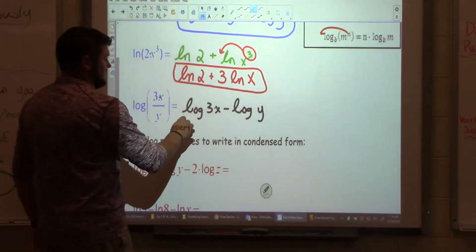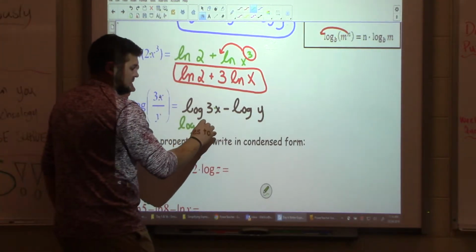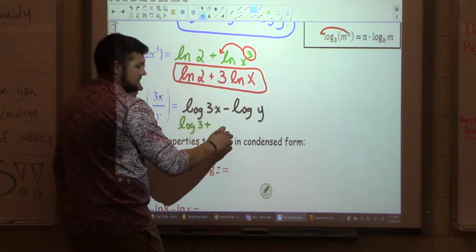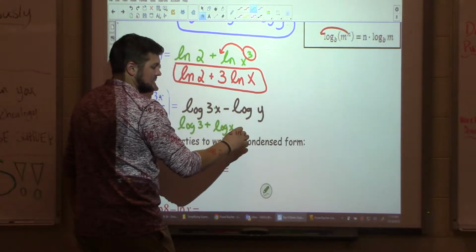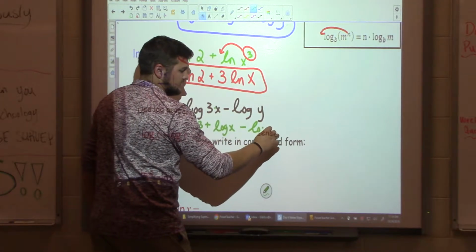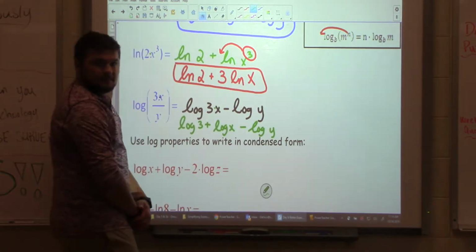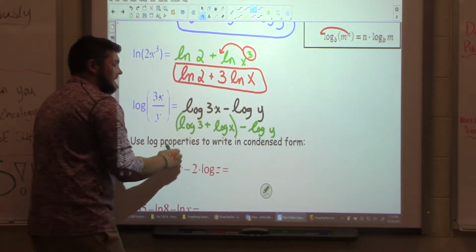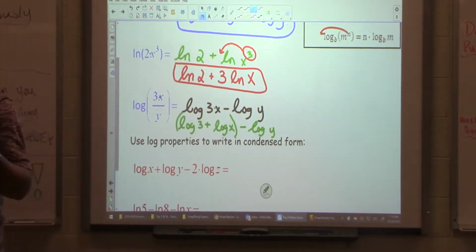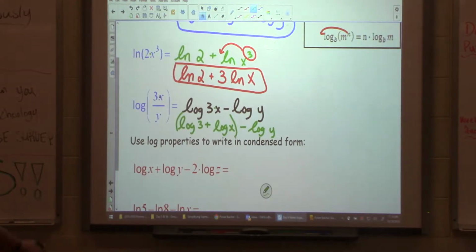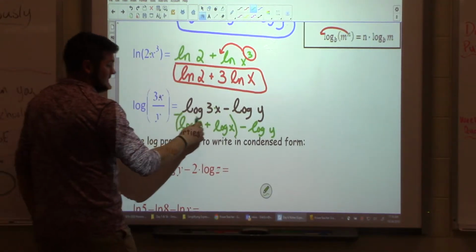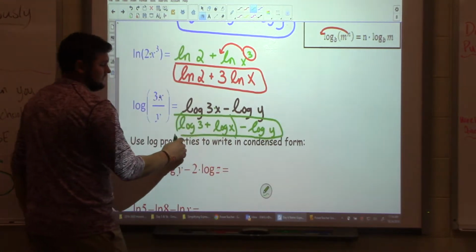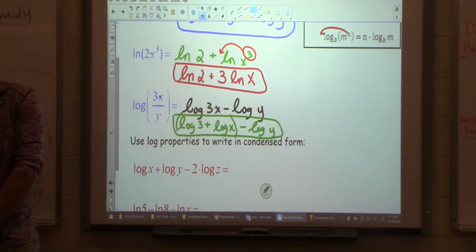So it becomes log of 3 plus log of x minus log of y. Right? This multiplication expands out to addition. Now, I like to put parentheses around those sorts of things so I know, hey, I have to combine that back first before I can combine it to division. You don't necessarily have to do that, but I prefer to do it that way, where I put parentheses around it. And that's my final answer.